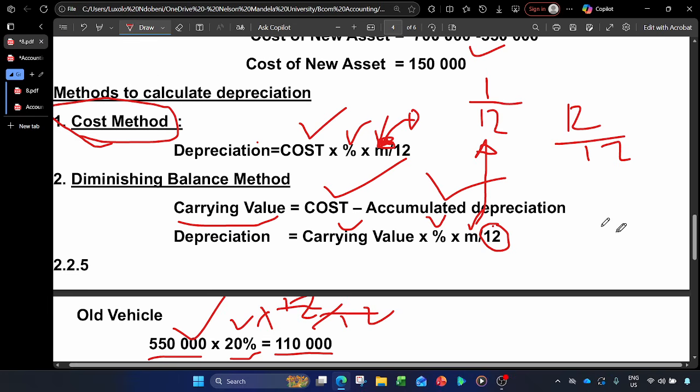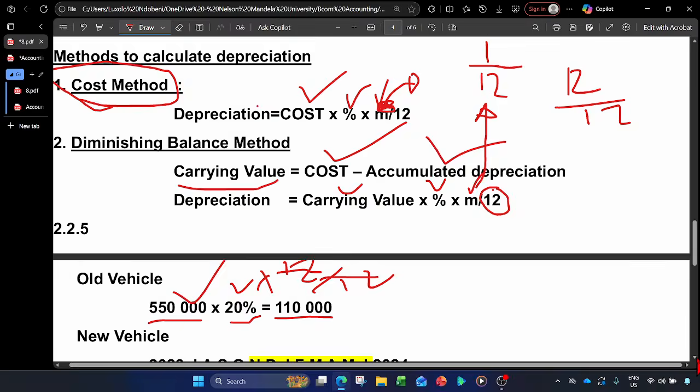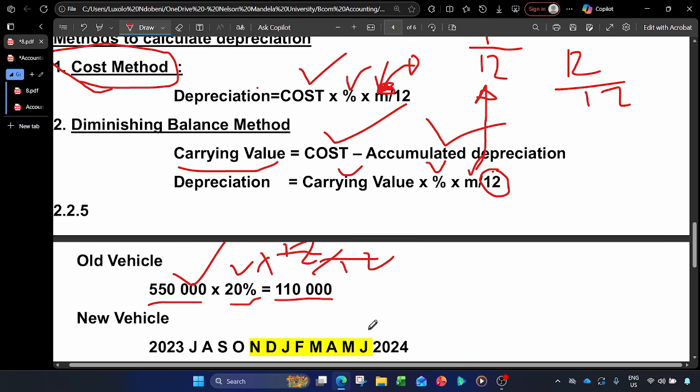Now they say bought for cash on 1st of November 2023. So let's look at the timeline. How many months did the new asset stay with the business? Remember, our year ends on 30 June 2024, and it started on 1st of November 2023. This is the timeline I was using throughout high school accounting, right? So this is July, August, September, October, November, December, January, February, March, April, May, June, our year end in 2024.